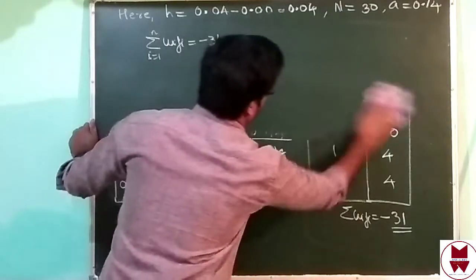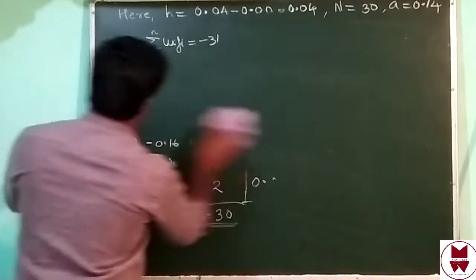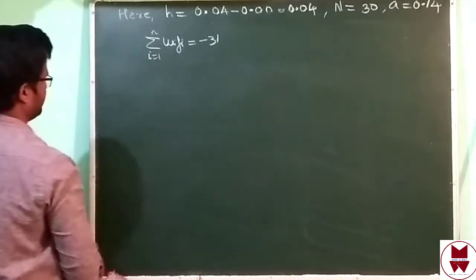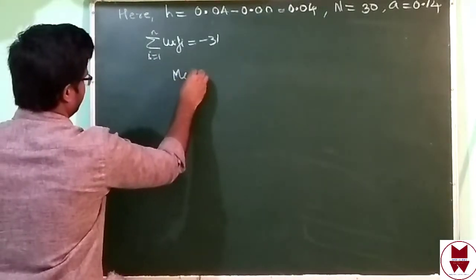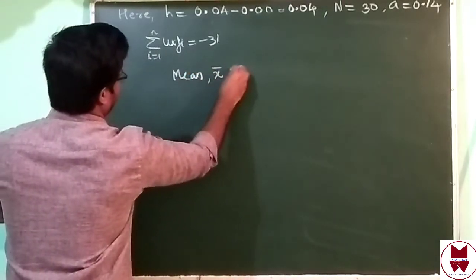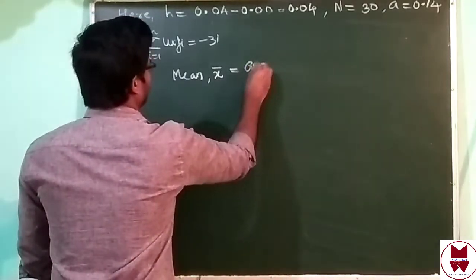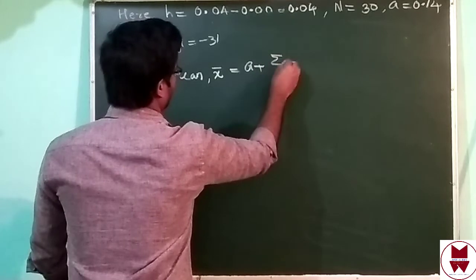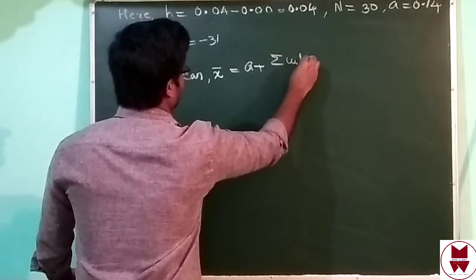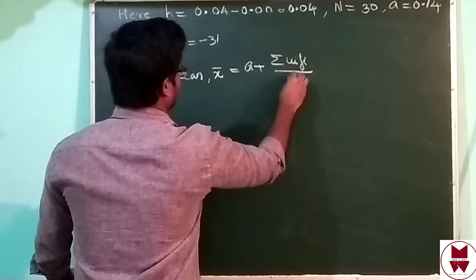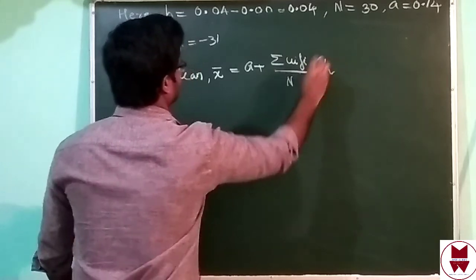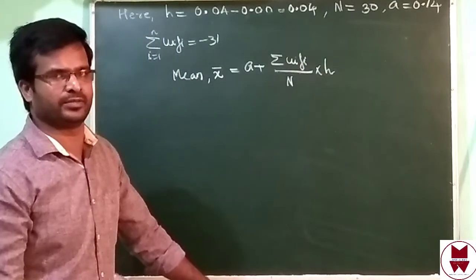Now we can use that formula. Mean x bar equals, what is the formula? a plus the sum of ui fi divided by n, into h. Step deviation method.